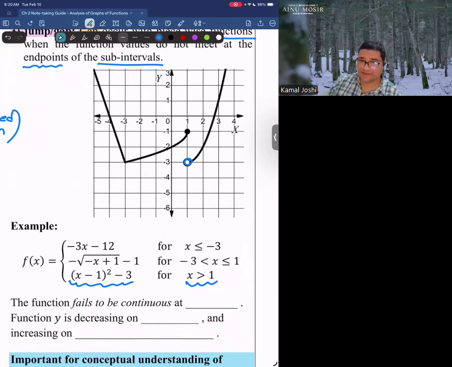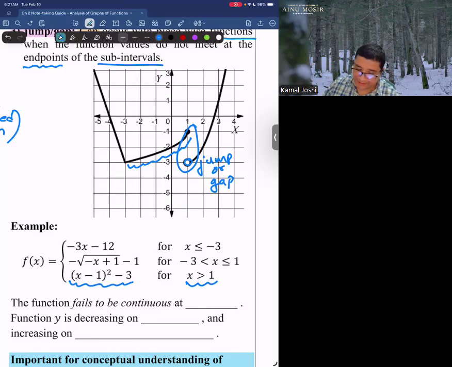It is defined for x greater than 1, but it is approaching -3 there, right? Before that, the middle interval is the square root function. You can look at the shape. That is a square root function, and that takes you to the value -1. So there is a jump. This is the jump or gap.